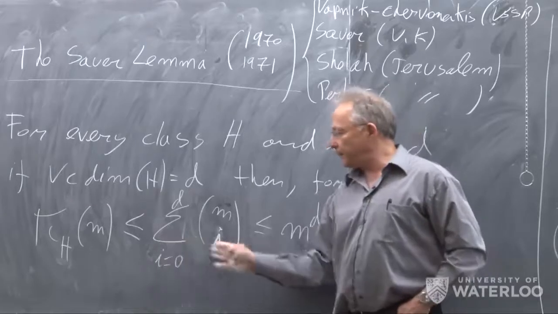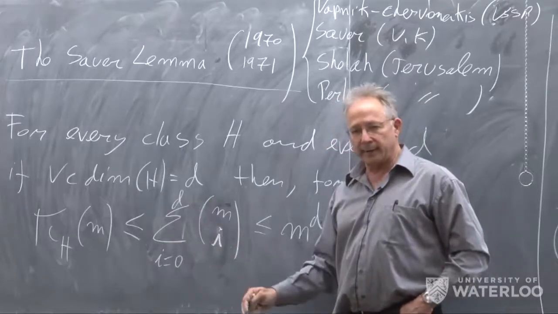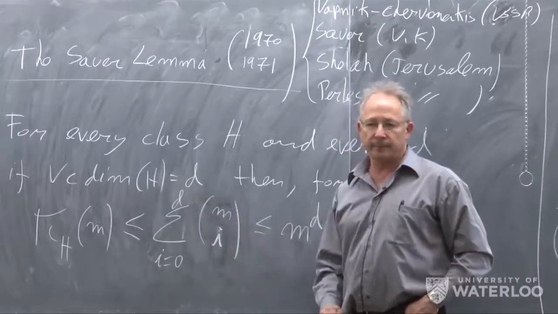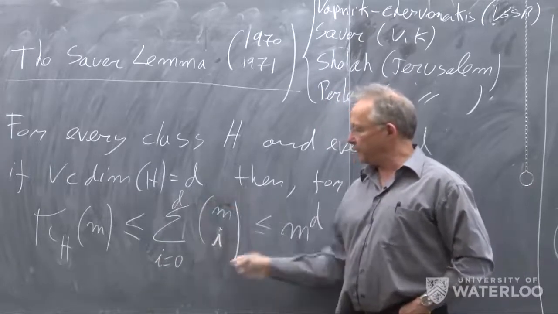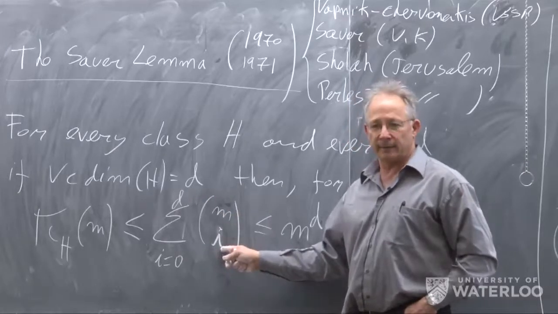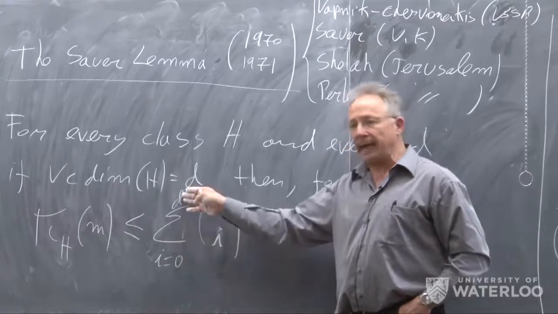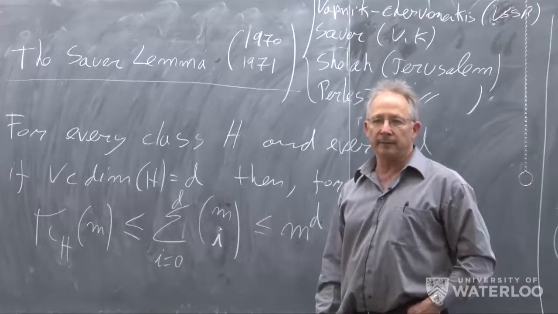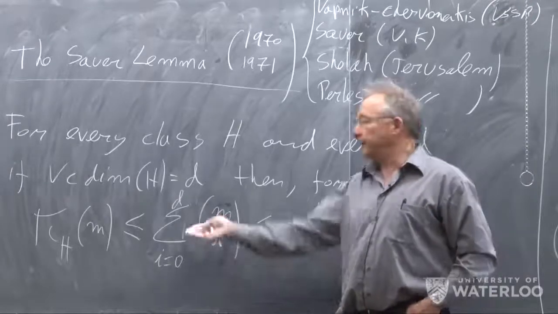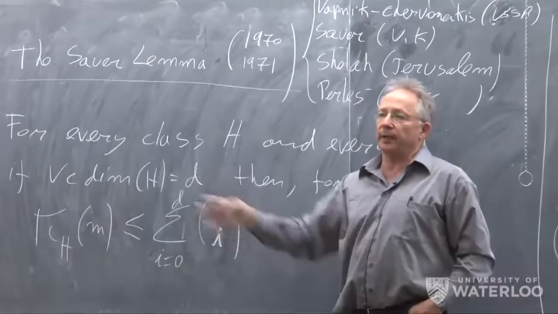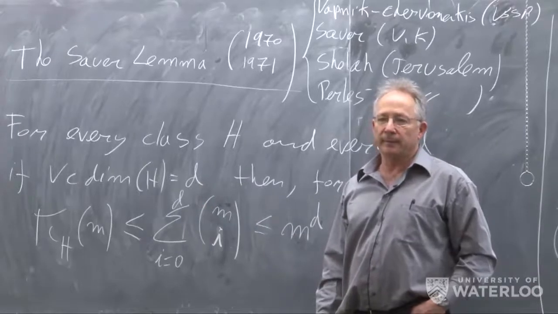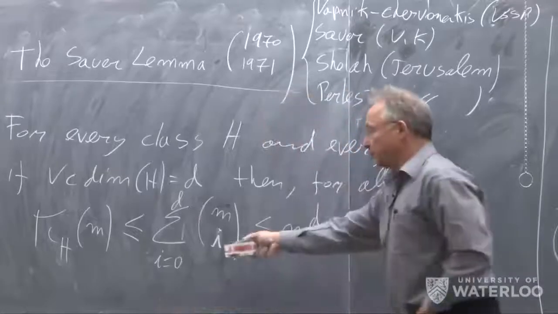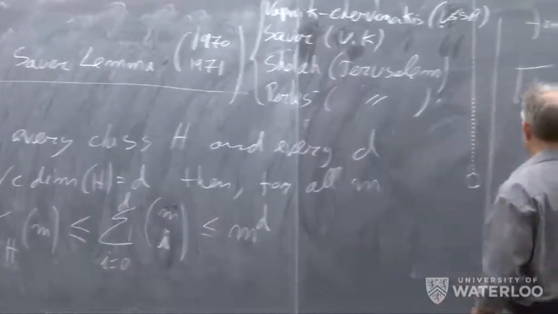And if I take the summation over all i's, it tells me how many subsets do I have of size at most D. If I sum over all i's up to D, it is how many subsets of size at most D. And if D is above M, it is just how many subsets do I have, which is 2 to the m. Okay, so fix it. It is I, not D. Very good point.